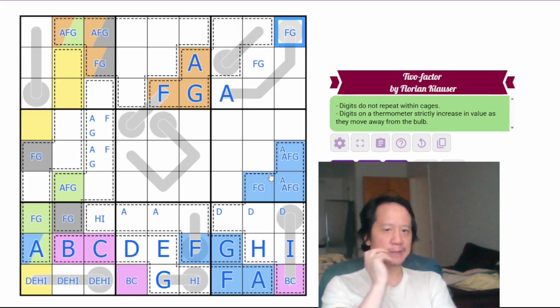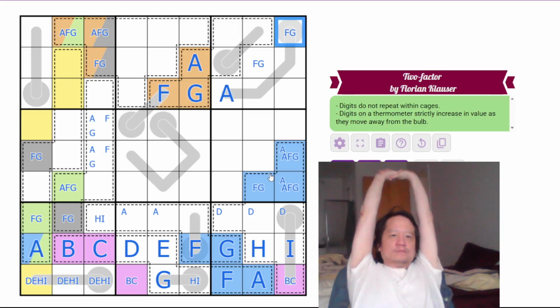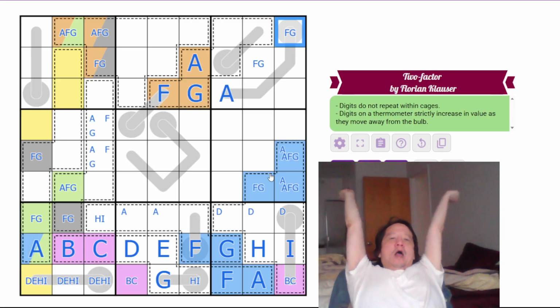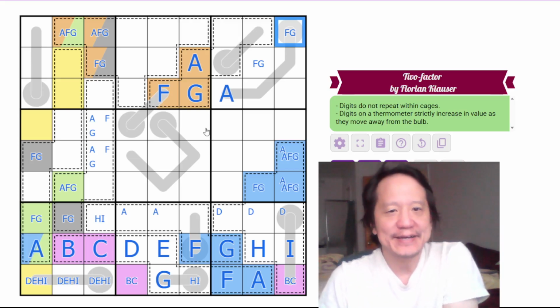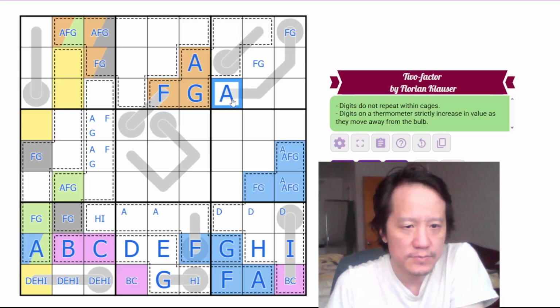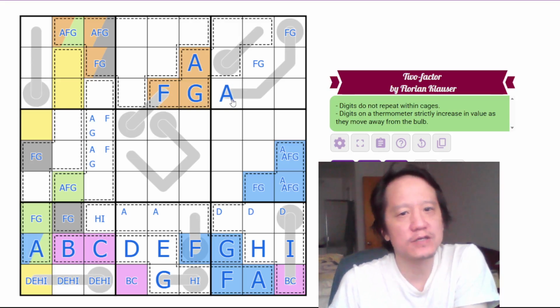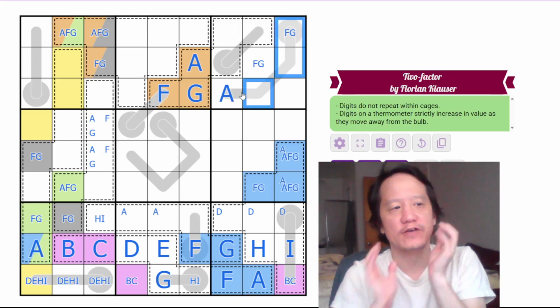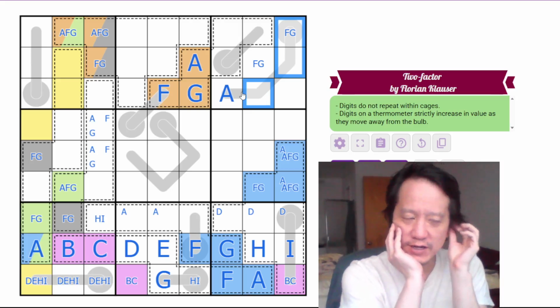Interesting. A is at least 4 larger than one of the FG, or 3 larger than one of the FGs.